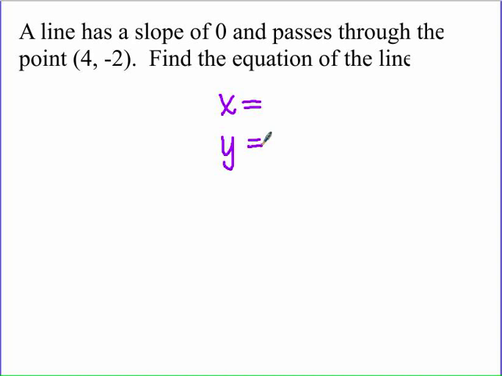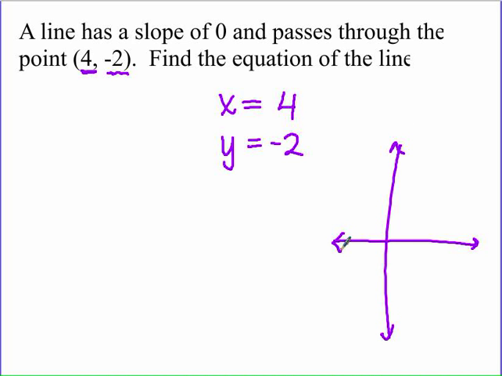In this case, it's either going to be x equals 4, because that's my coordinate here, or y equals -2. So the easiest way is to figure out where (4, -2) would be on the coordinate plane. Over 4, down 2. So here's my point.